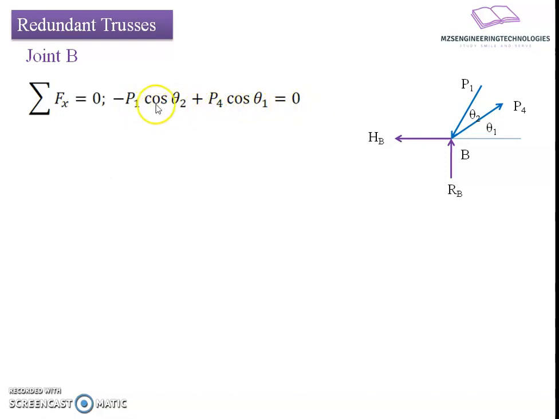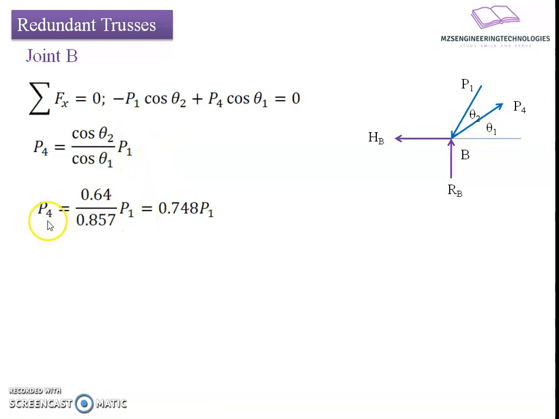This will give a relation among p4 and p1, like p4 equals cos theta 2 divided by cos theta 1 times p1. It comes to be p4 equals 0.748 times p1.